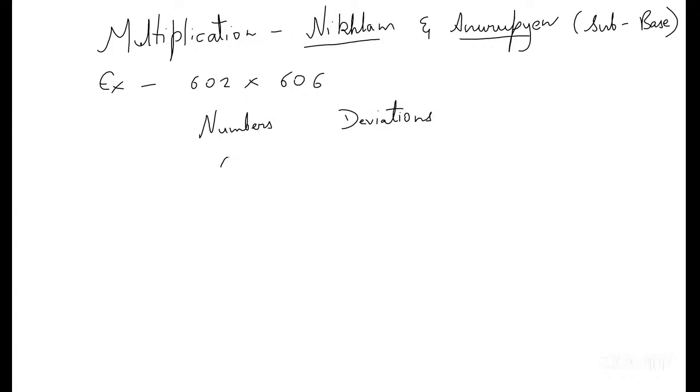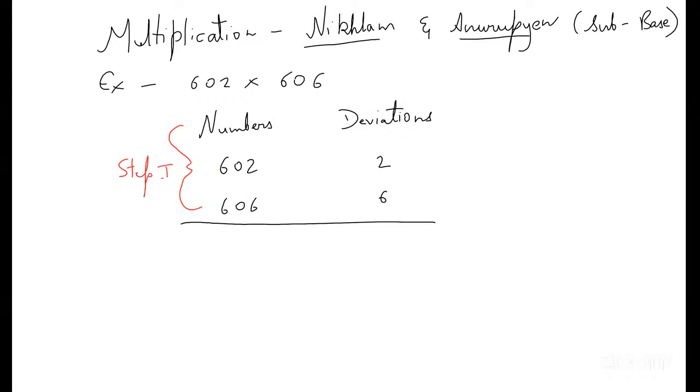Put the numbers, write the deviation. Deviation of 606 is 6. The first step is the same: we write the numbers and the deviations. The second step is also the same.